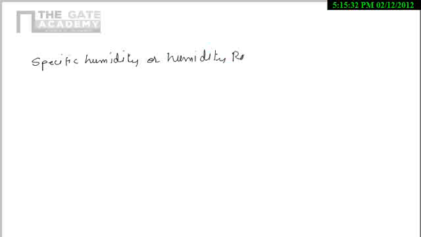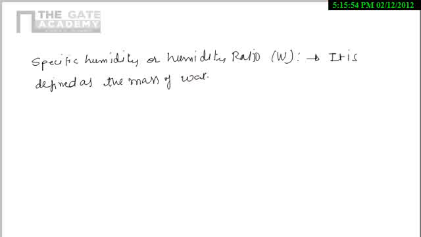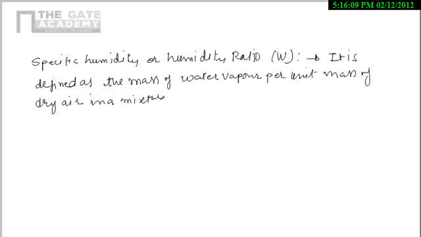Humidity ratio, that is denoted by W. It is defined as the mass of the water vapor per unit mass of dry air in a mixture of air and water vapor.